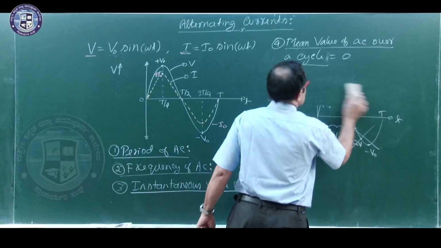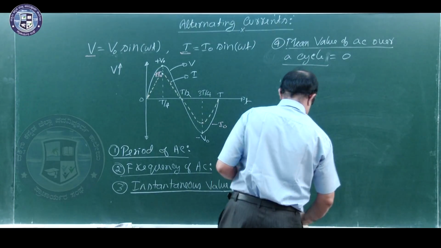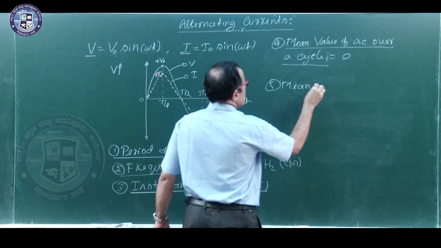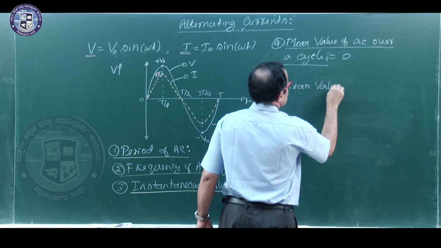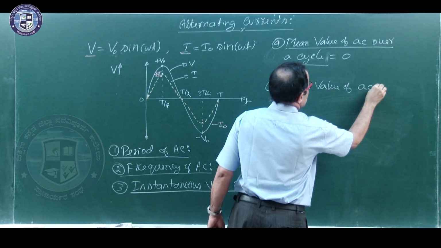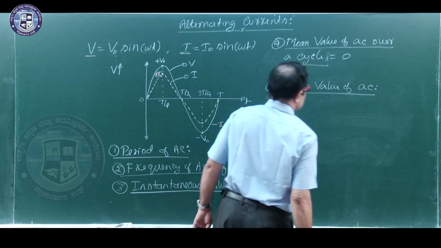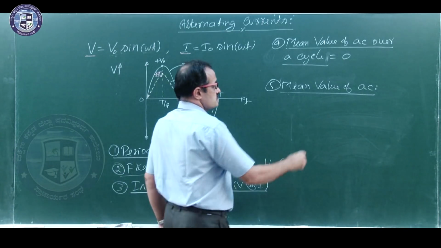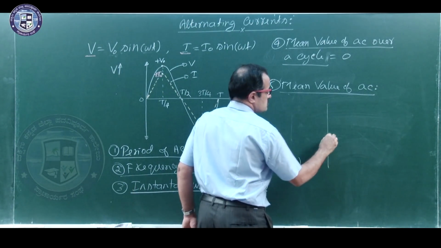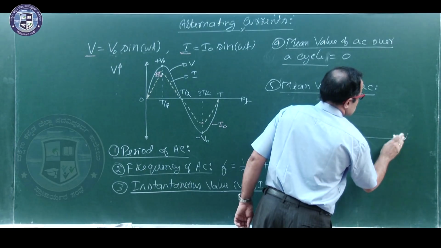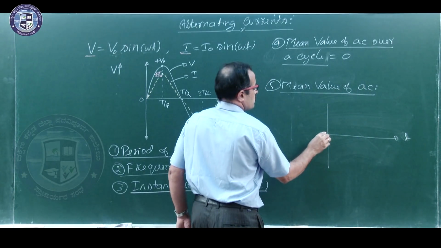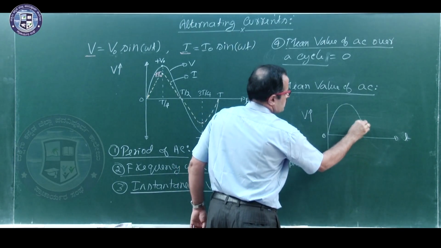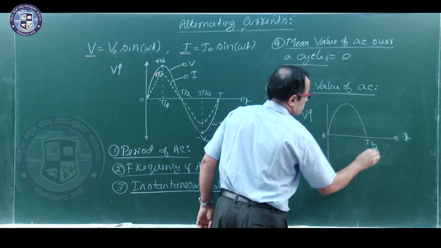So now we consider the mean value of AC, or average value of AC. Only half cycle we take.